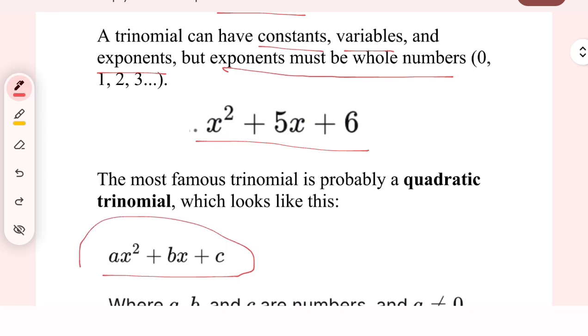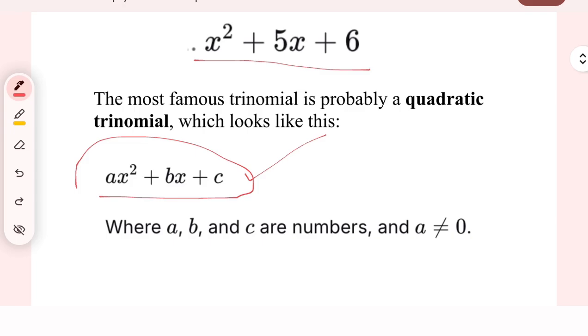So you can use the quadratic formula to solve for the value of x in this case. This is a trinomial, but it is also quadratic.